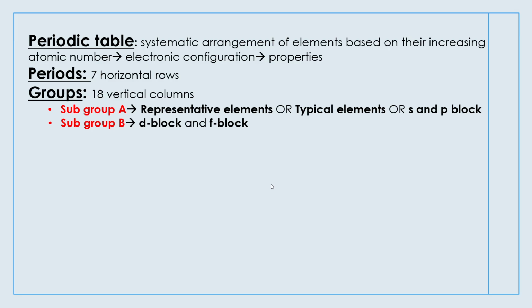In representative elements, we have 2 blocks, which are S and P block. Representative elements are also called the typical elements, or the elements that are located in the S and P block. For subgroup B, we have 2 blocks, that is the D and F block. That is, we are considering the middle and the lower part of the main body.